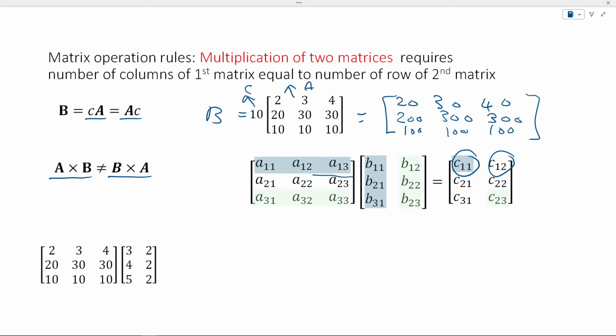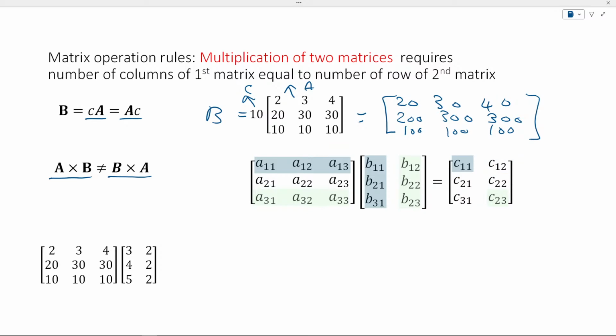Similarly, you multiply this with this, and that gives you this one here. You multiply this with this, and then this with this, and that will give you the last one here. So that's basically how we do this.